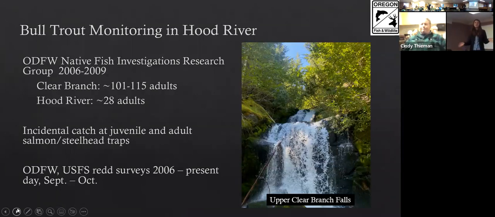So then just to touch on what's been done as far as bull trout work in the watershed in recent history. In 2006 through 2009, Oregon Department of Fish and Wildlife's Native Fish Investigations Research Group conducted a multi-year study, and they focused on, like we were just talking about, those two local populations, one being the population that exists in the main stem Hood River and up the Middle Fork, and the second population being the fish that are occupying the habitat above Clear Branch Dam.